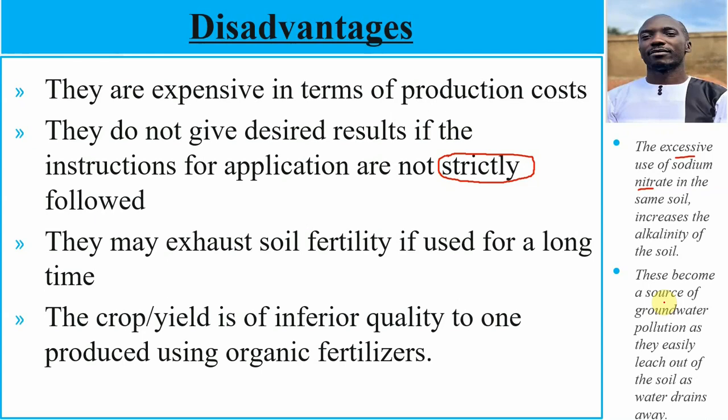I'll give an example. If you compare passion fruits, we have those which we call exotic, which are big in size and have a lot of juice inside. Normally to have those, we need to apply artificial fertilizers. Then we also have those small passion fruits which naturally grow in the forest or in the bushes.